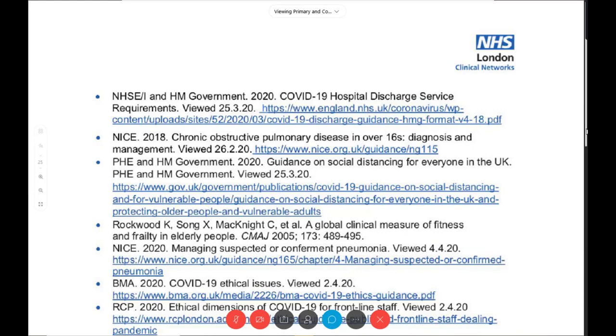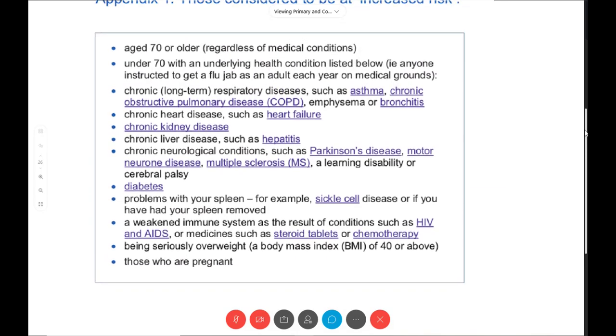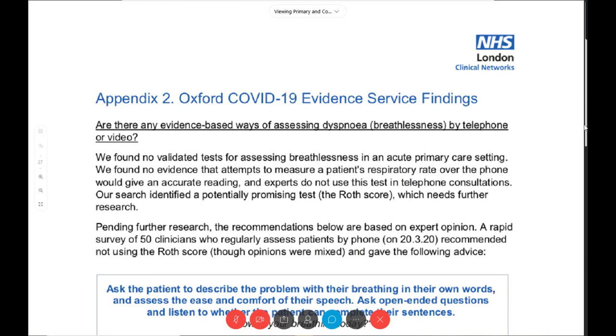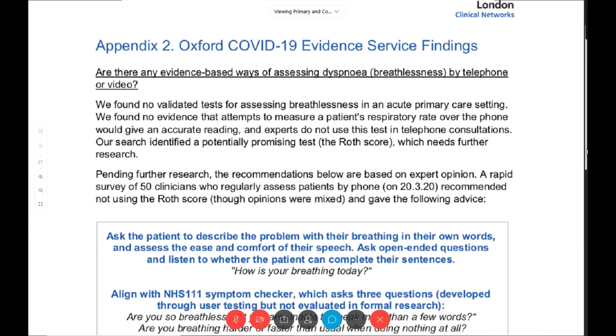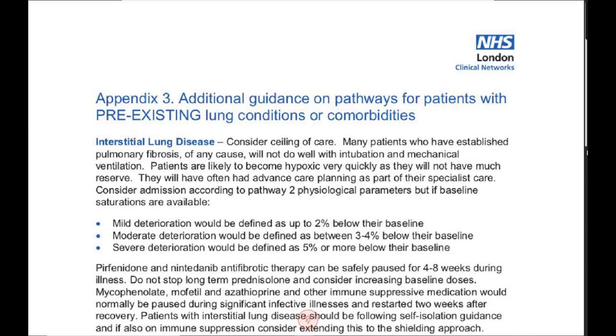We have a lot of appendices to help you through. So we have the standard appendix about those patients that are at increased risk that you have seen in the shielding letter. We have the basis of the questions on breathlessness according to the Oxford CE evidence-based service.